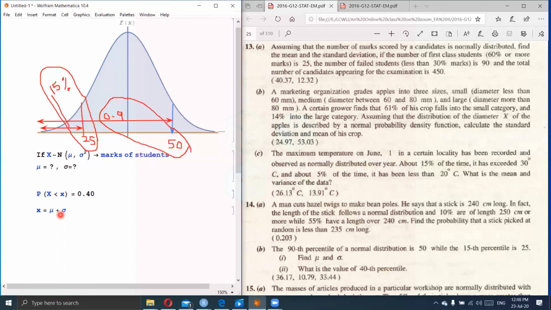Sigma and mu both are obtained in the first part of this question, and z is obtained from this equation, and using all three we can find the value of x, and x is the 40th percentile of this distribution.